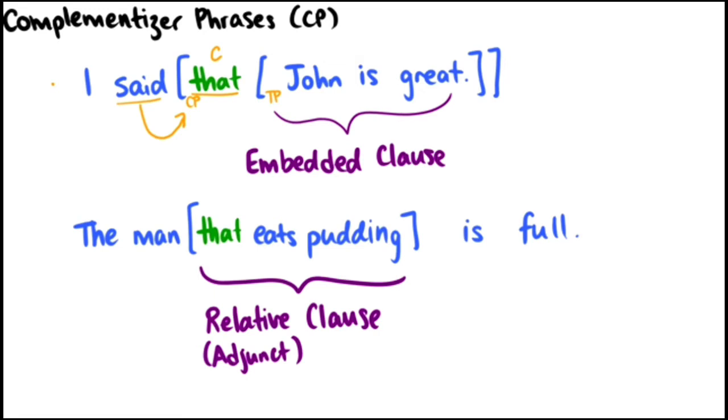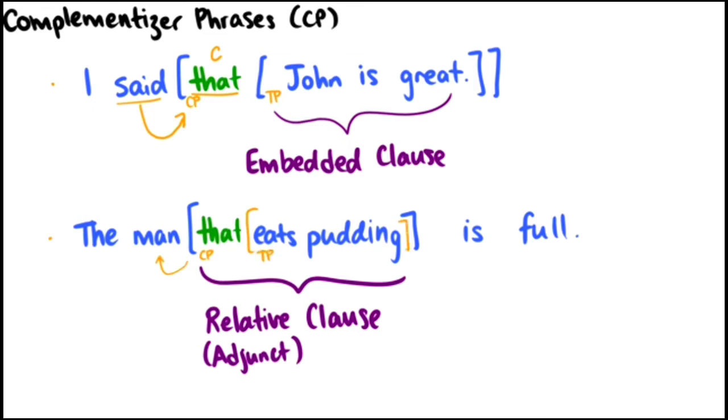The second example I want to show you is a relative clause. So, the man that eats pudding is full. Once again, "that eats pudding" is a complement phrase that is modifying the head noun "man." Within it we see "eats pudding" as another tense phrase. There is no subject.